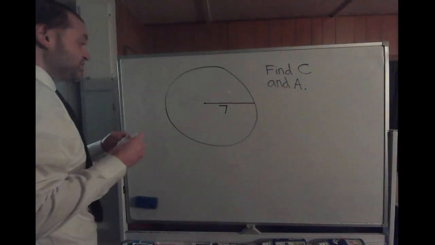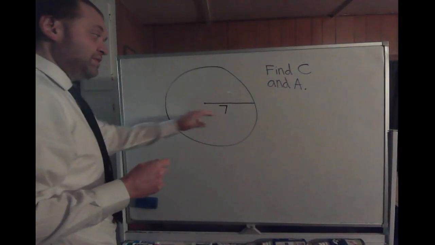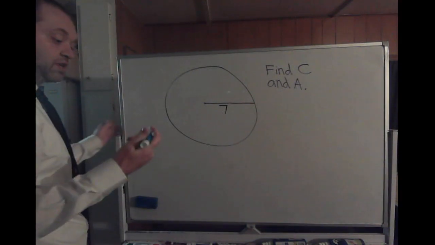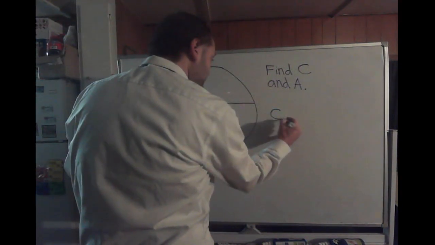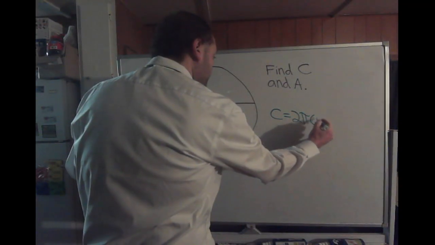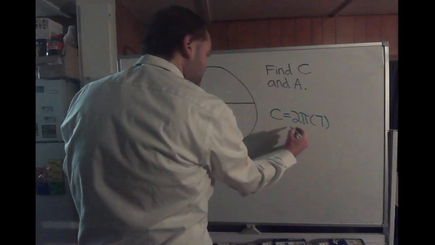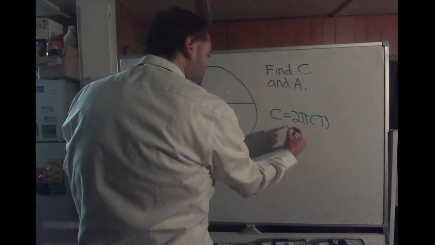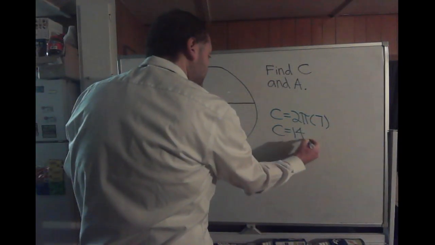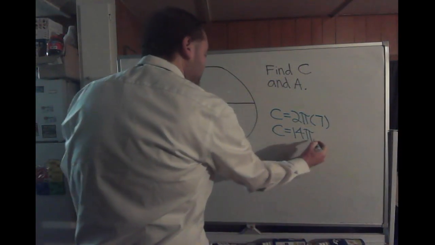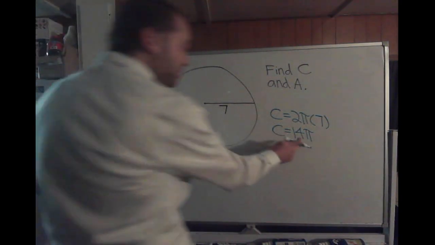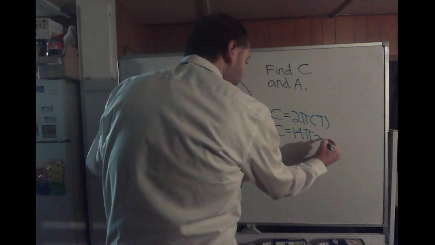So if the circle has a radius of 7, let's start by finding the circumference. The circumference, of course, is going to be equal to 2 pi times that radius of 7, which would mean the circumference would equal exactly 14 pi. If you wanted to leave your answer in terms of pi, sometimes you will, that would be your answer, 14 pi.